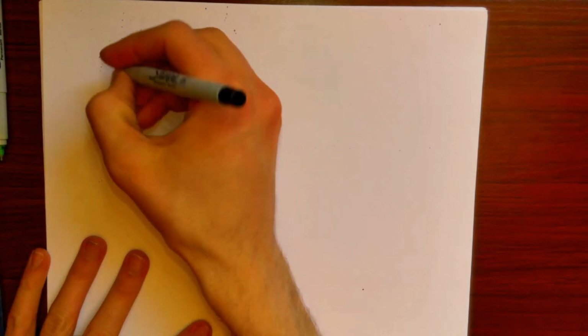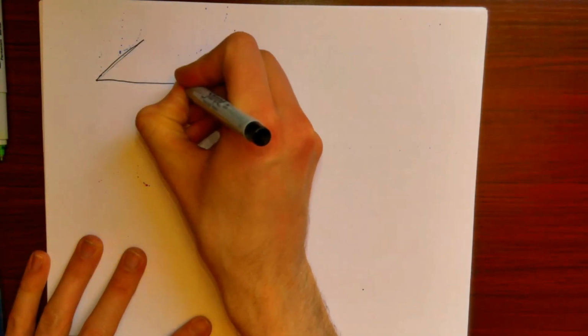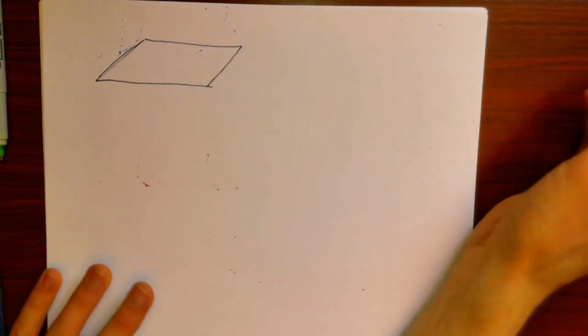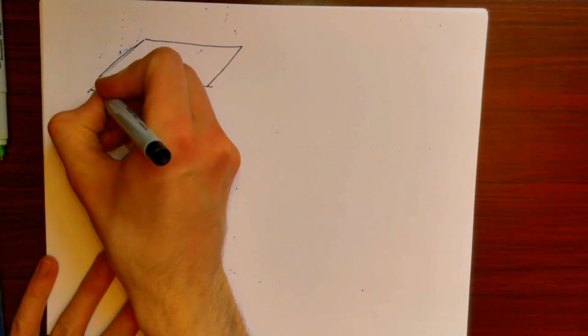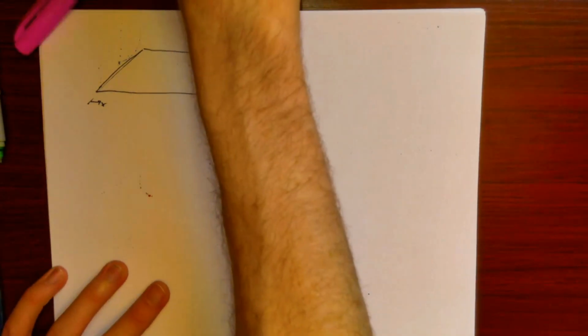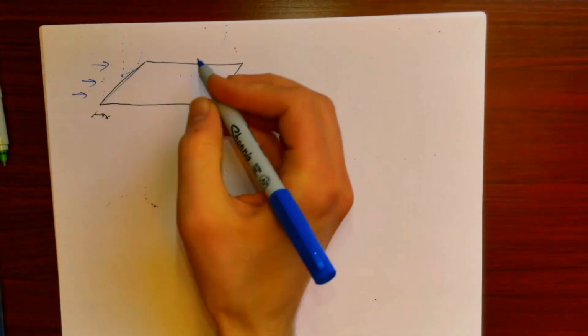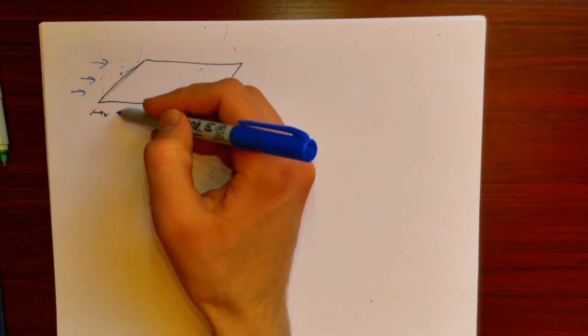So imagine I have a plate, and let's say x is the position. I have flow coming in over the plate like this, and there's going to be heat transferred between the plate and the fluid.